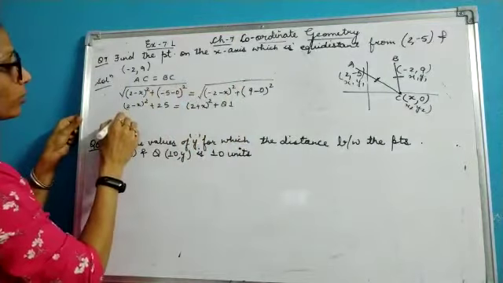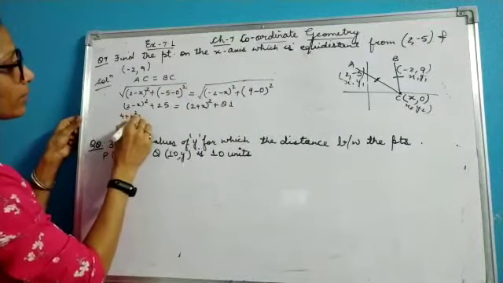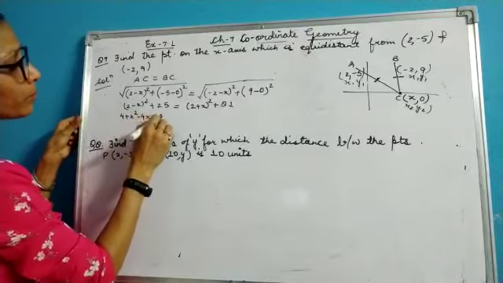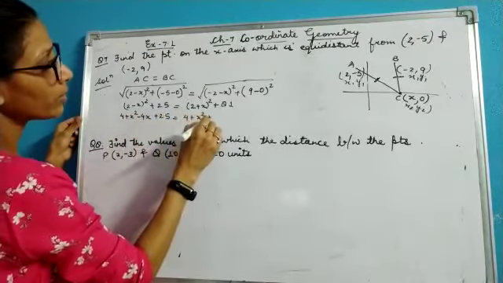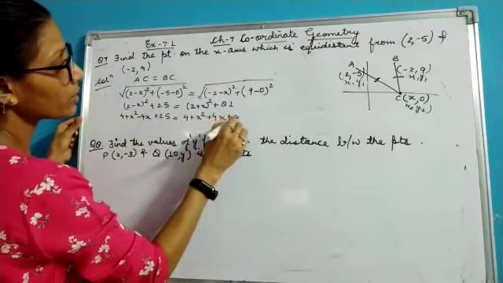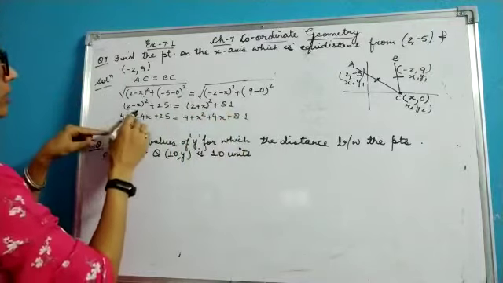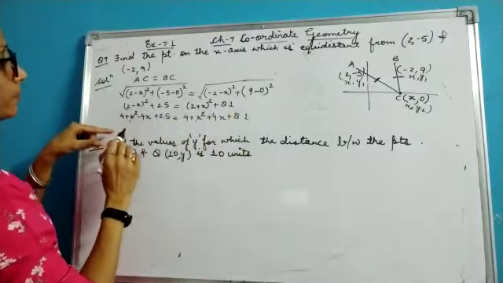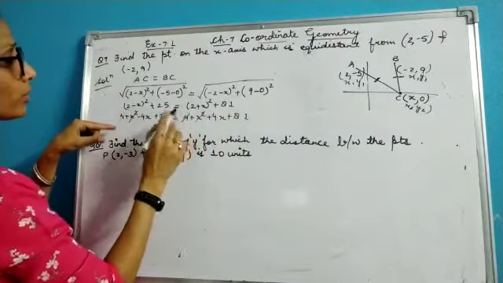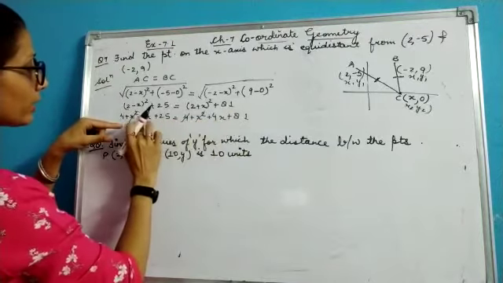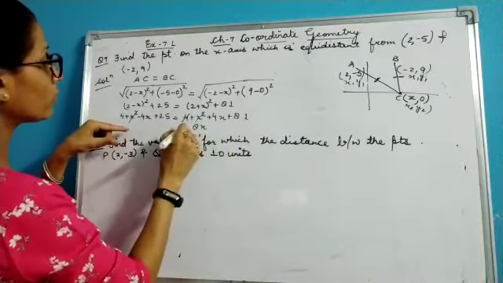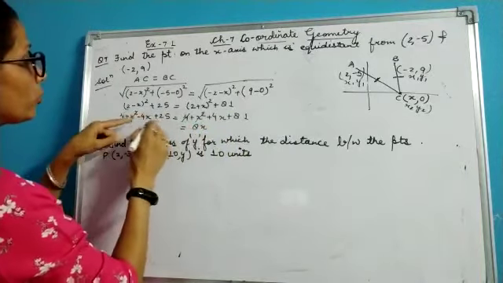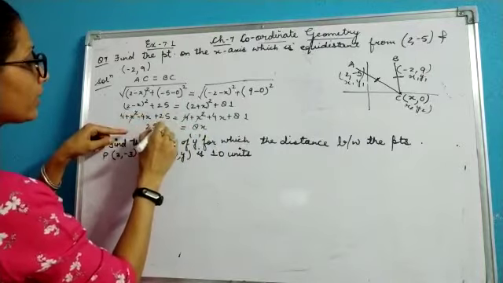So a square plus b square minus 2ab plus 25 equal to a square plus b square plus 4x plus 81. Now this x square and x square gone, this 4 and 4 gone, I can take this 4x this side, so it will be 8x equal to 25 minus 81.